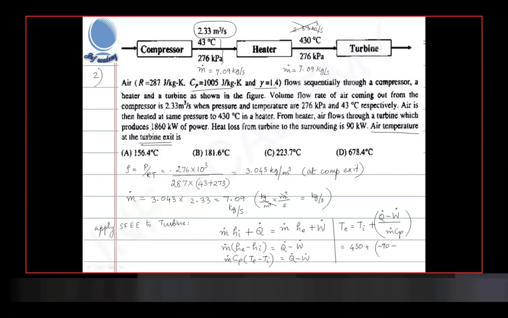And W dot, because the turbine produces 1860 kilowatt, is a positive work transfer, so this will be minus 1860 kilowatt. I have to be careful converting them into kilojoules, or I'll substitute Cp in kilojoules, so this will be 10 power 3. m dot is 7.09 into 1005. Let me just work it out.